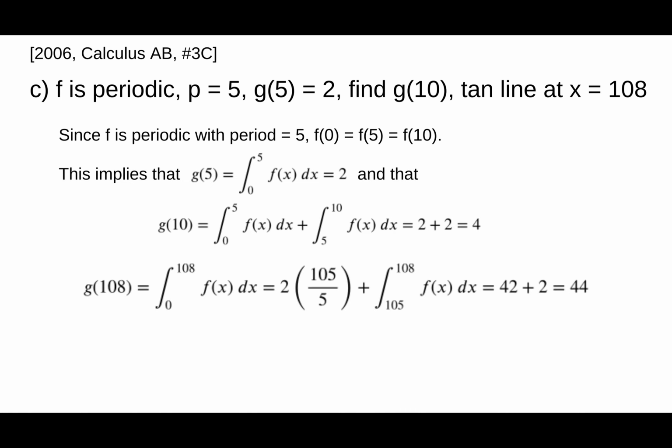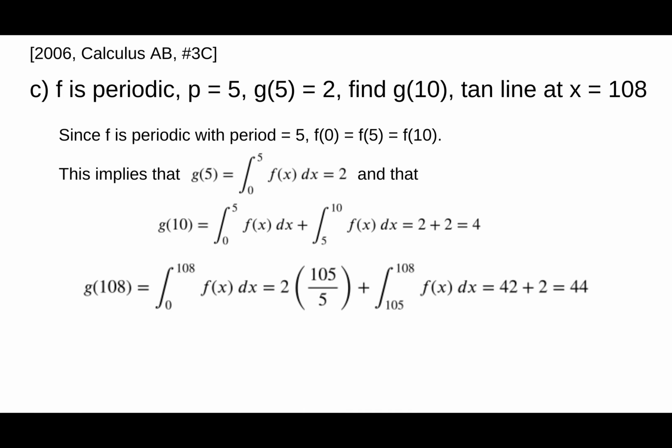The tricky part is trying to figure out what the tangent line would be at x equals 108. But since this is a periodic function, one of the things we have to consider is how many periods are exhausted as we go from 0 to 108.